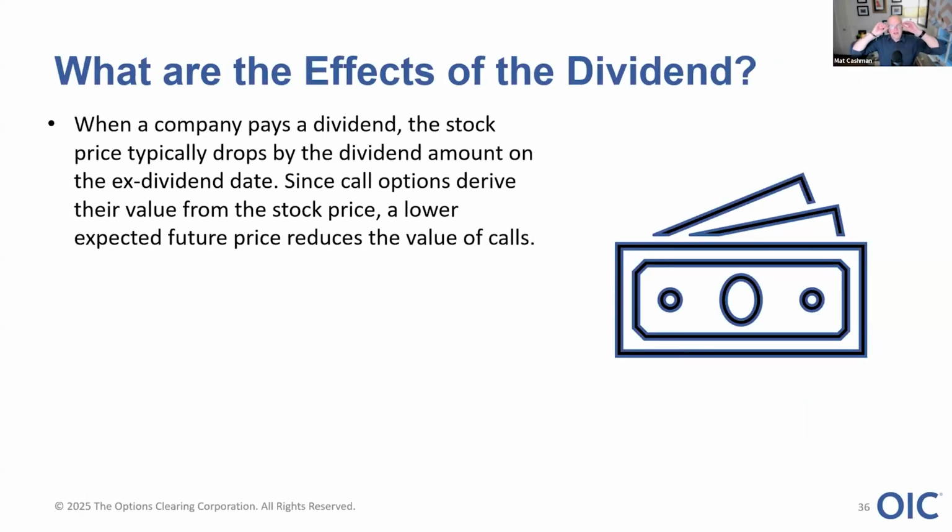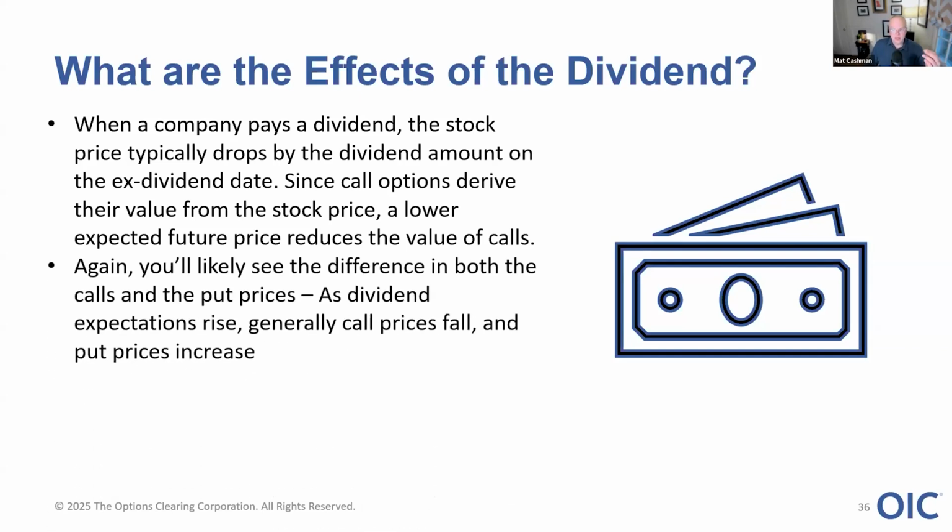When a company pays a dividend, generally the stock price drops, depending on supply and demand, but usually by the amount of the dividend, and it usually happens on the ex-dividend date. Since call options derive their value from stock price, if you put a dividend into a model, it's going to lower the call price and raise the put price.